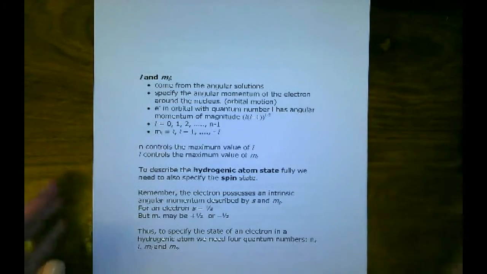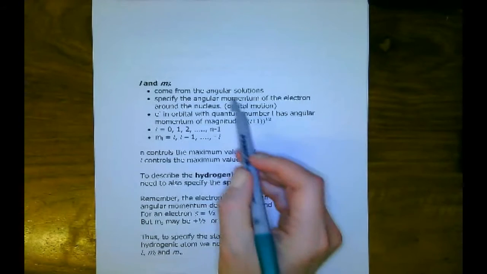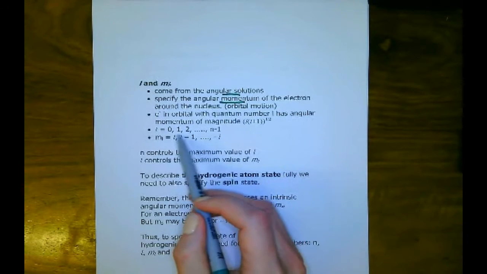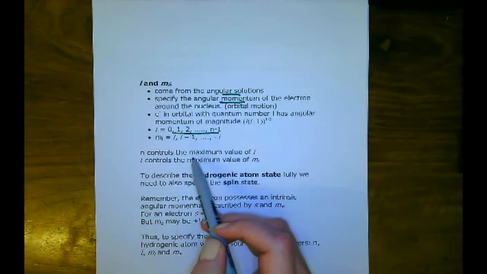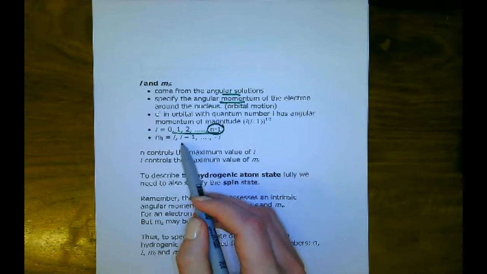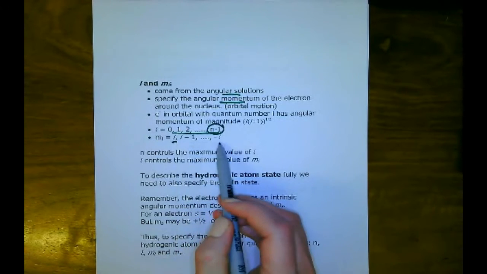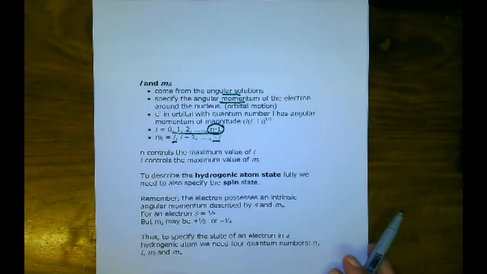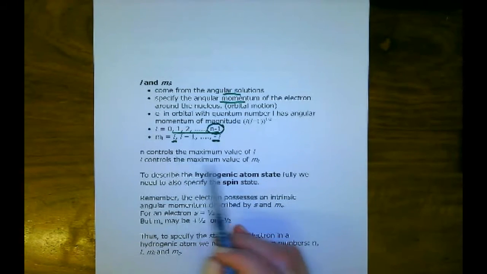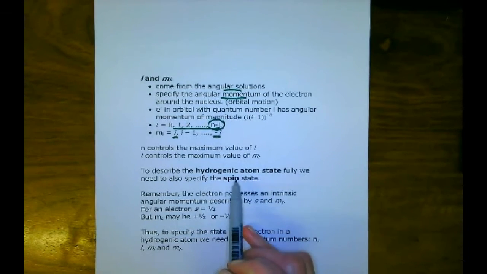Remember, l and ml have to do with angular solutions, angular momentum. l goes from 0 to n minus 1, so l is limited by n, and ml goes from l to minus l. So n controls the value of l, which controls the value of ml.